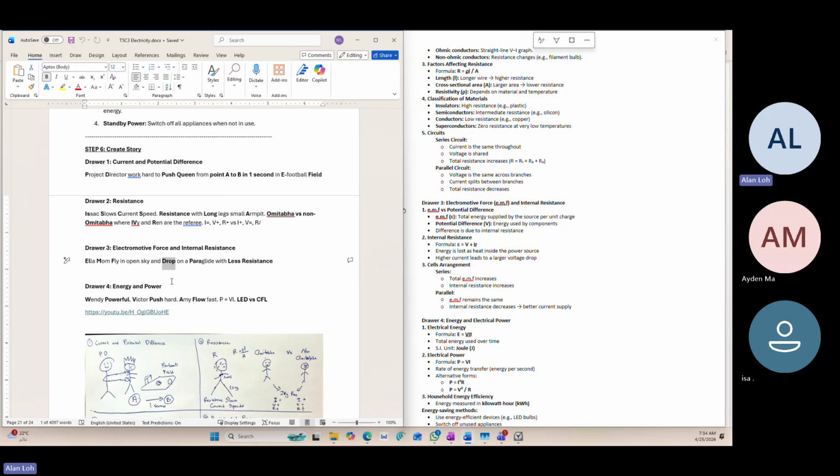These are the information in steps 3, 4, and 5. Then paraglide, less resistance. This is to reflect parallel circuits, less resistance, right? Because here also is having the information related to parallel, right? So this is to help me to remember the key messages in drawer 3.